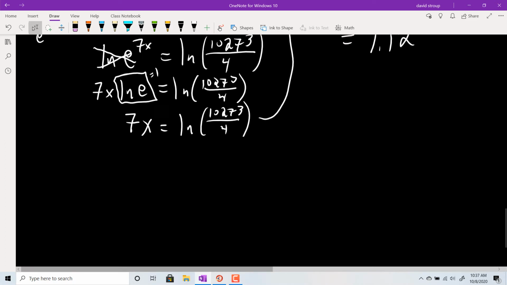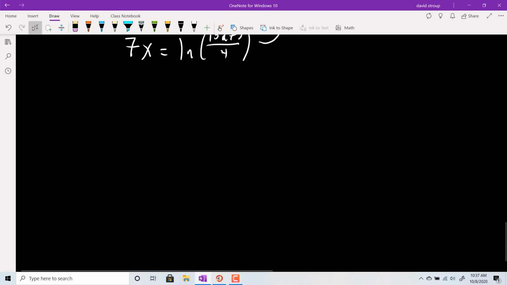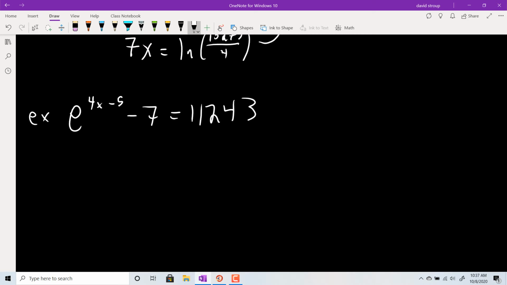Okay, another variation on this theme. e to the 4x minus 5, minus 7 is 11243. Okay, again, we want to isolate this exponential thing. We want to get it all alone so we can take the log on both sides.